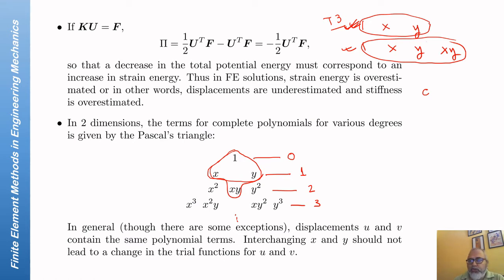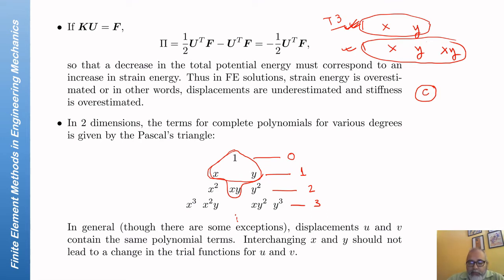Now, when you choose these trial functions, you of course try to make C as big as possible. That means you try to take as large a complete polynomial as you can.